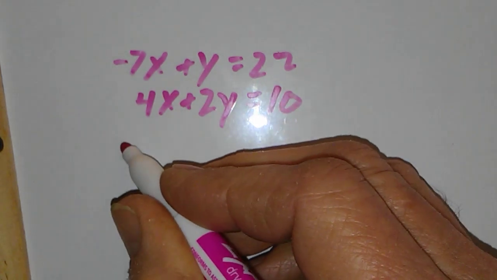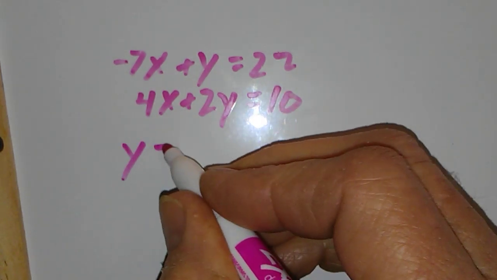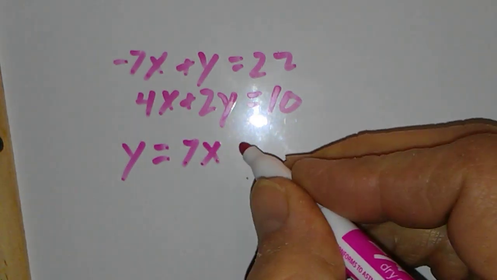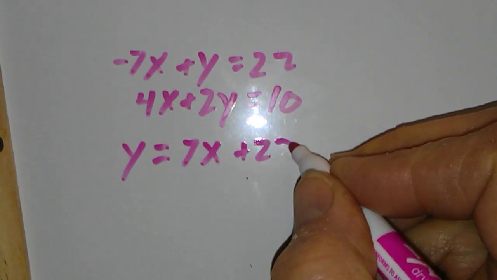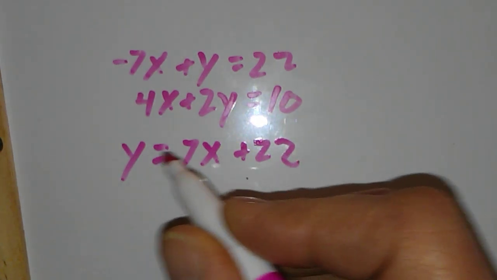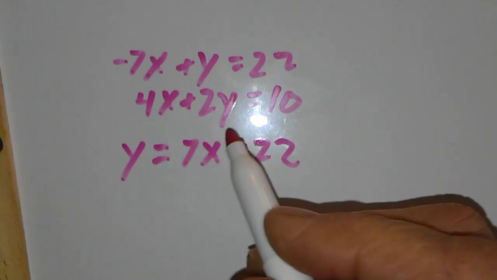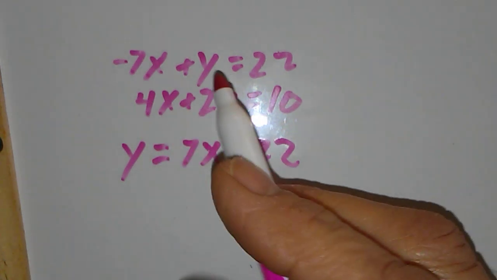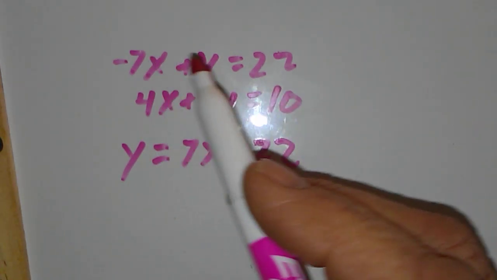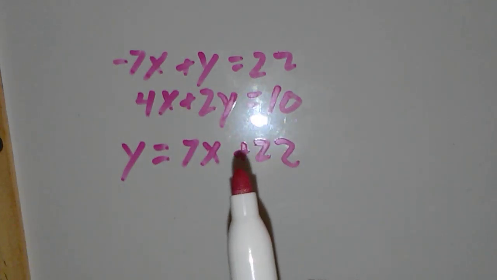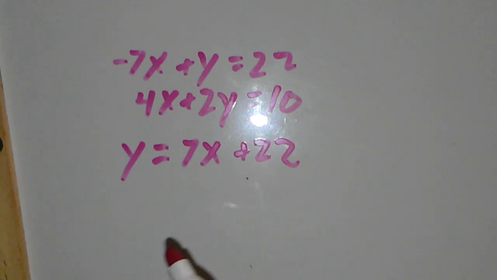So I'm going to take my first equation and change it to y equals 7x plus 22. Now, you have to use the other equation. What we're trying to do is go from two equations with two variables down to one equation with one variable. One equation with one variable we know how to solve.